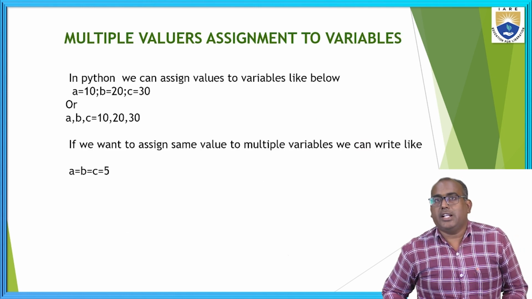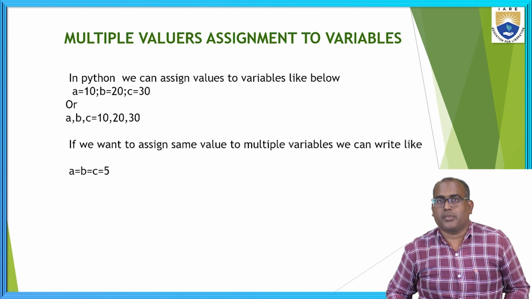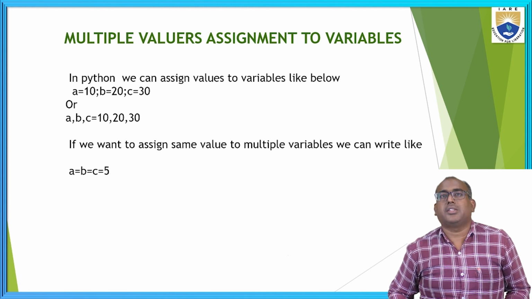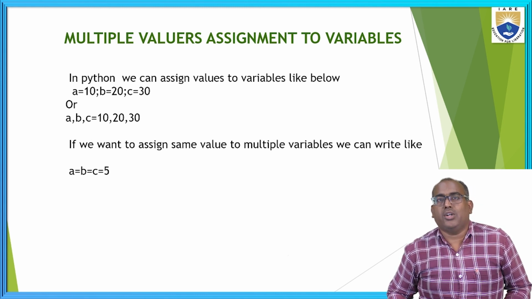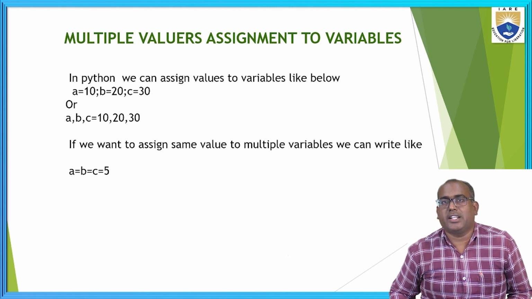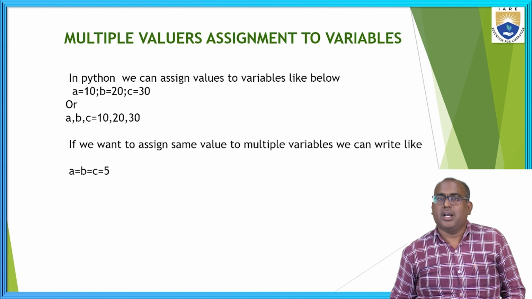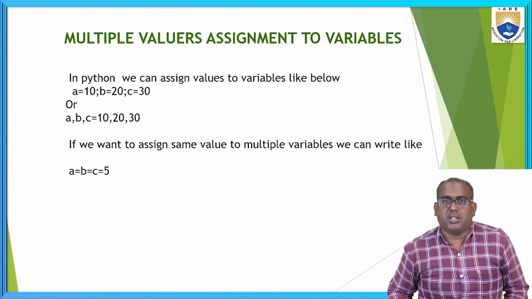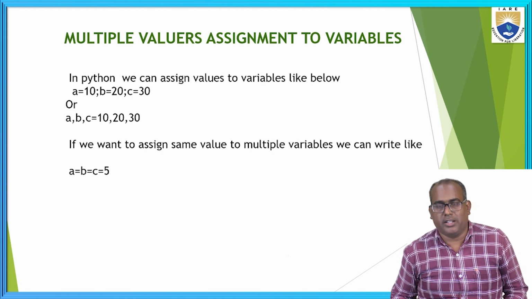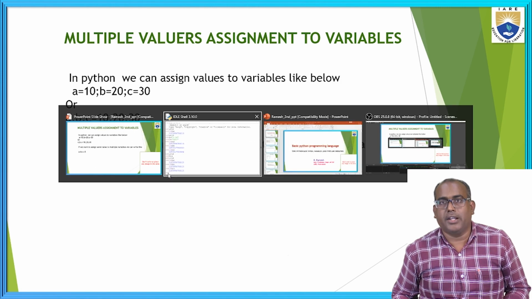And we can declare the variables in three ways. a is equal to 10, b is equal to 20, c is equal to 30. We can separately declare the variables in Python, or a, b, c is equal to 10, 20, 30. In this way, we can declare.